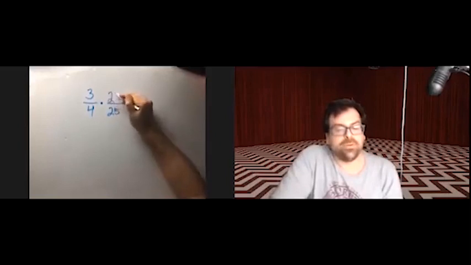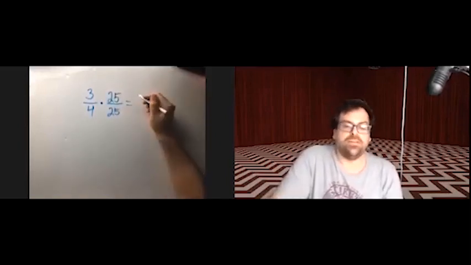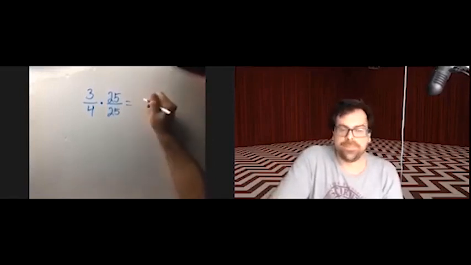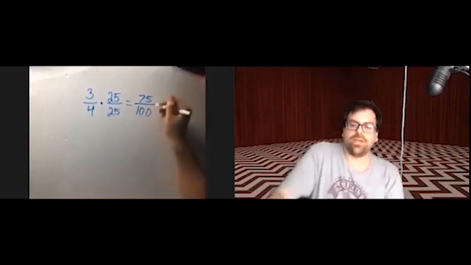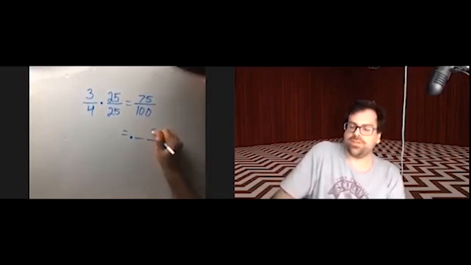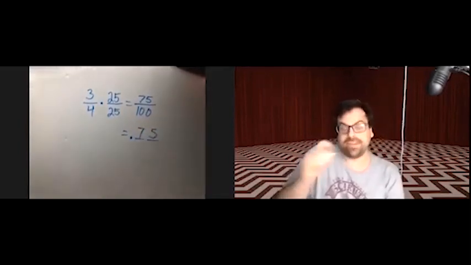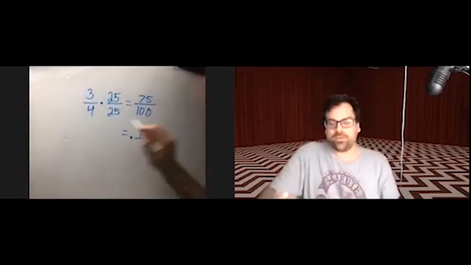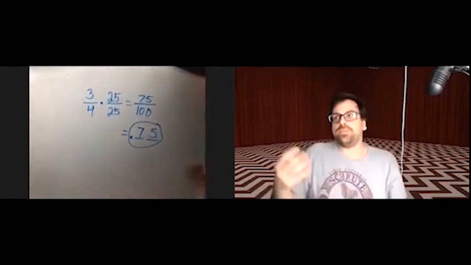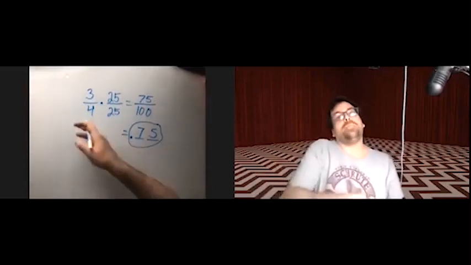To keep it equivalent, we would multiply the top by 25 because 25 over 25 is 1. And we get 75 over 100, 75 hundredths, the number 75 ending in the hundredth spot. 0.75 is 3/4. Hey, maybe you knew that one. You got to know the math.